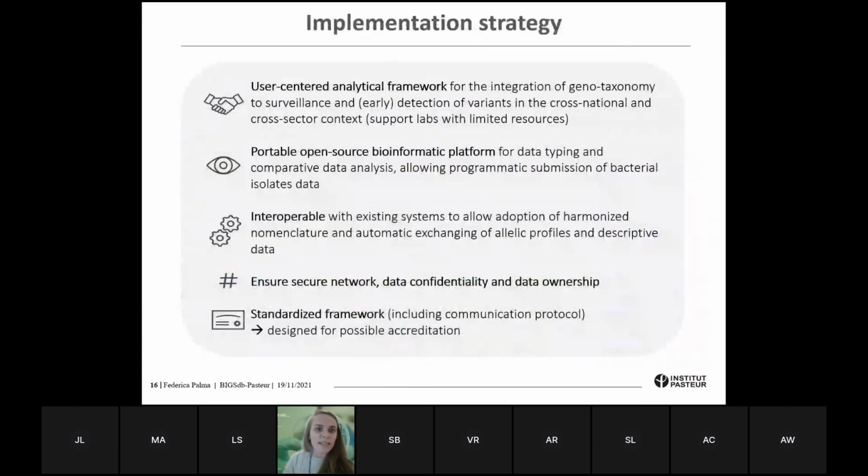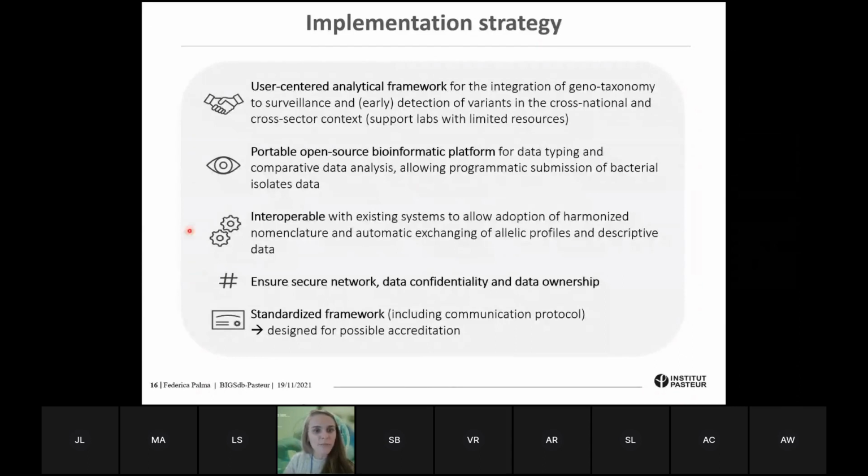So the implementation strategy, again, to remind you, is that the platform includes a user-centered analytical workflow, which integrates genomic taxonomy for surveillance and detection across sectors and cross-national borders.